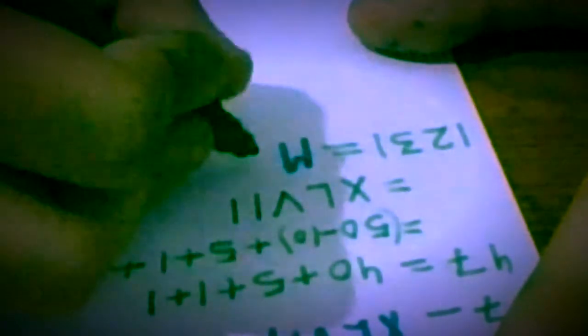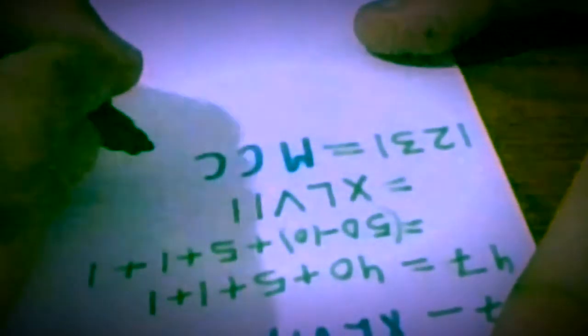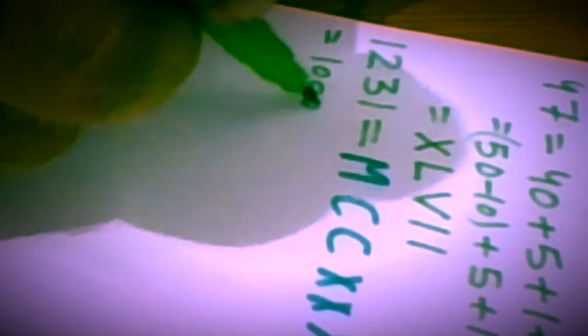The next number is 1231. So we will write 1000 as M, 200 as CC, 30 as XXX, and you will write 1 as I. Again, for this number, we break it like 1000 plus 100 plus 100 plus 10 plus 10 plus 10 plus 1.